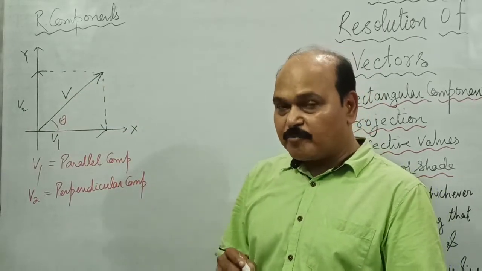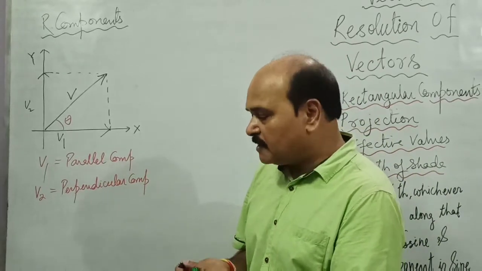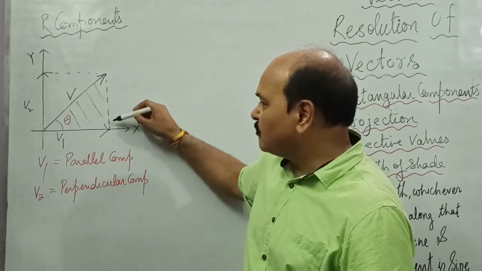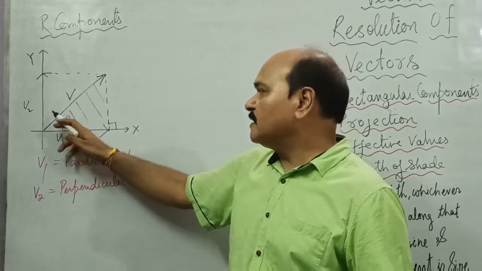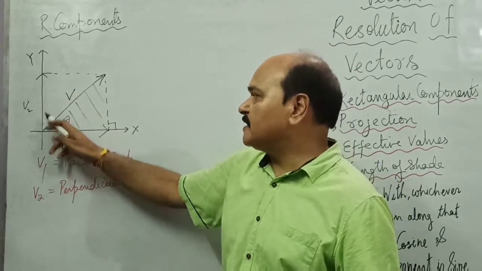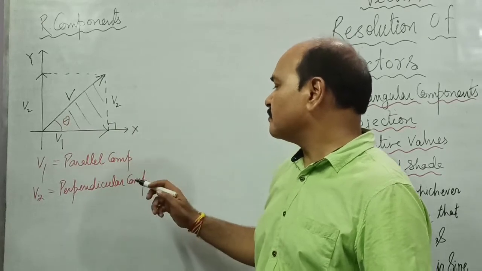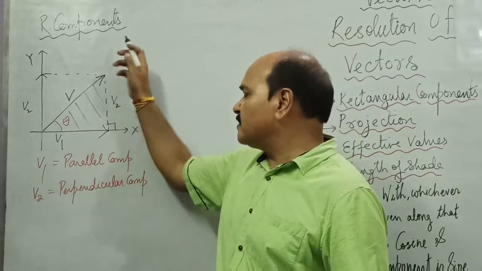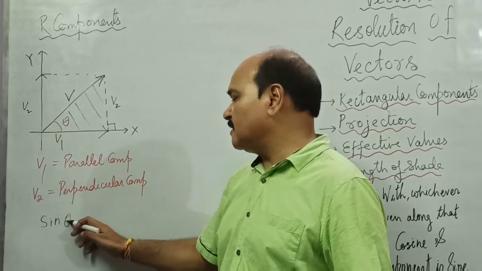So what are these components of the vector? Well, for that let us look at this right angle triangle. This is of course normal drop, therefore it is going to be a right angle triangle. This is V1, this length is V2. If this length is V2, this length is also going to be V2. Can we find out the value of sin theta from this triangle? Of course we can. What is sin theta?